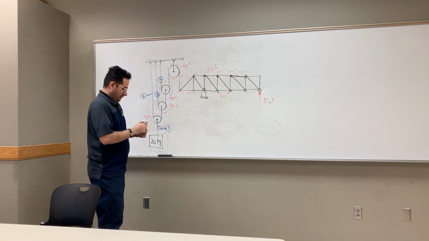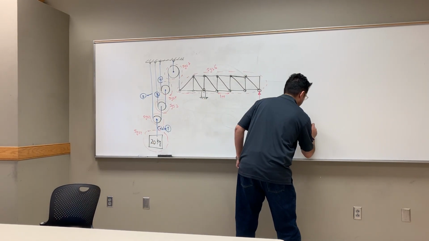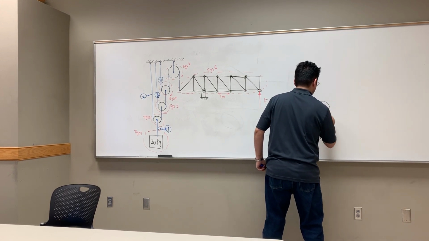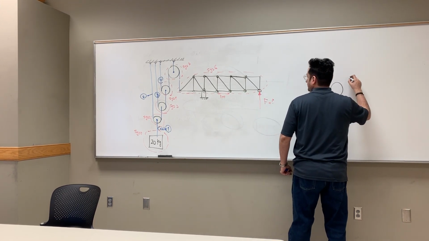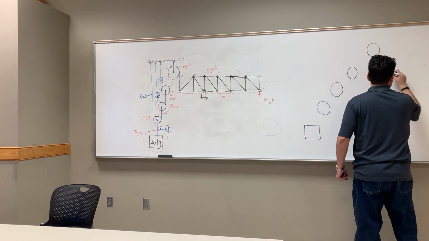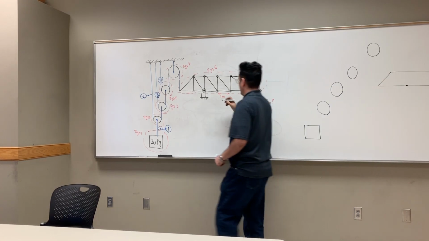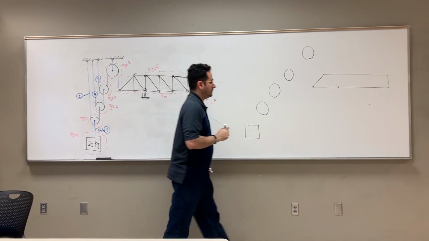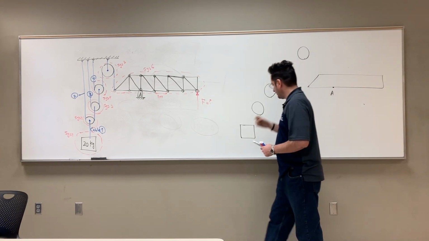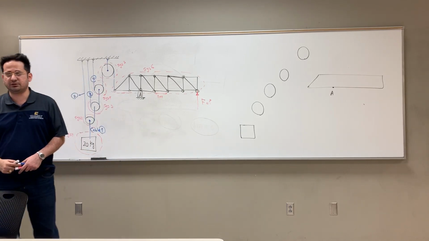All right? So now I want to draw an FBD for system 1. What should I do? So system 1, 2, 3. Let's say this is point A. Now I want to draw the FBD for this guy, for this mass. Every time I want to draw an FBD, what should I do?